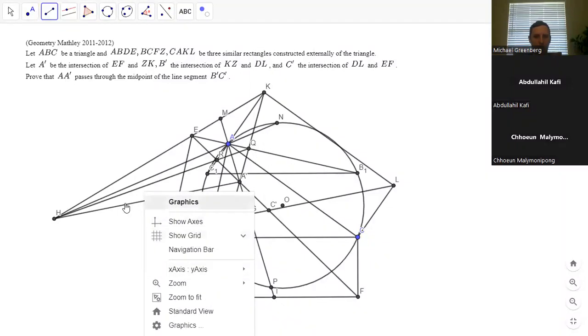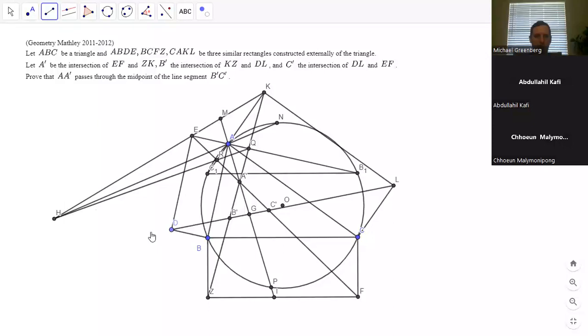That's one way to do it. I kind of like this way because that lets us do a lot of projections, because then we already know that KMEH is harmonic. And we're just trying to show that A prime H is parallel.